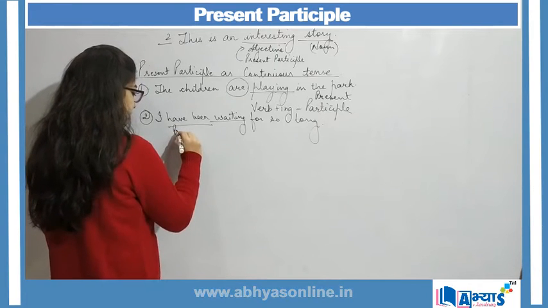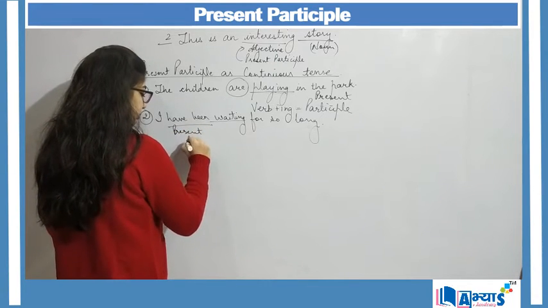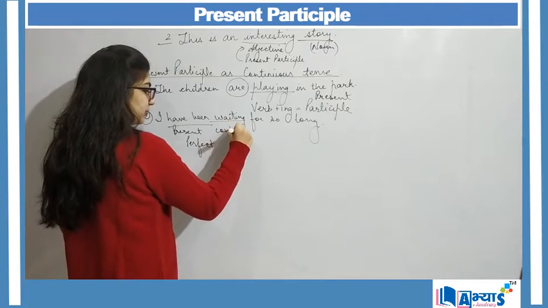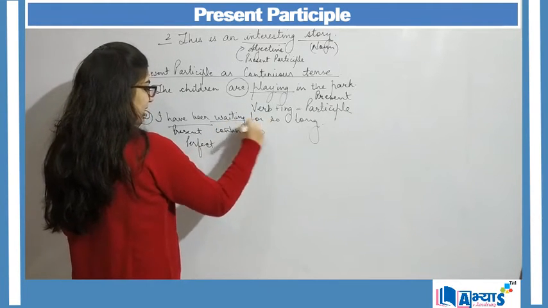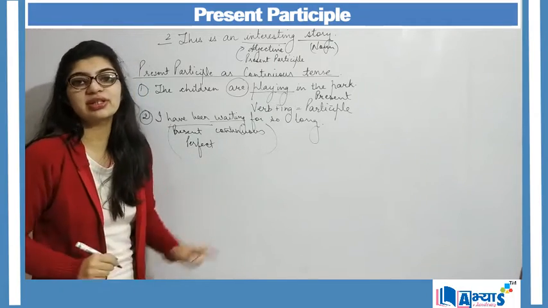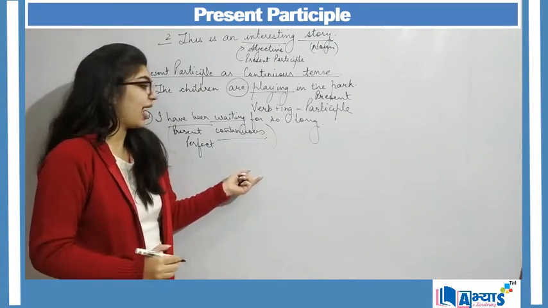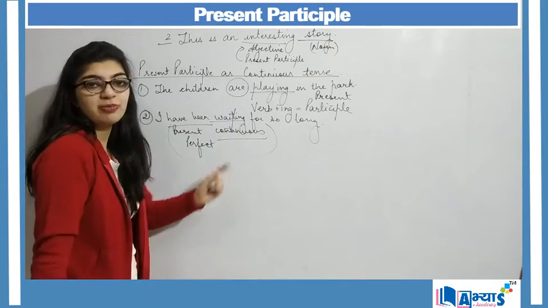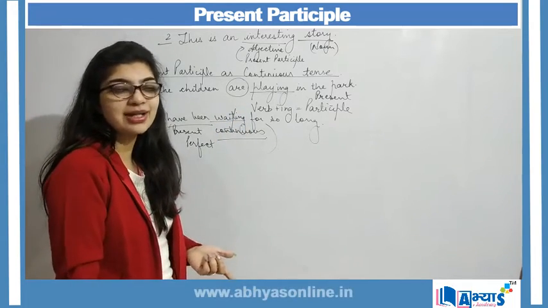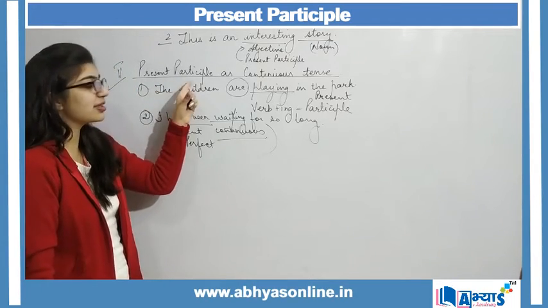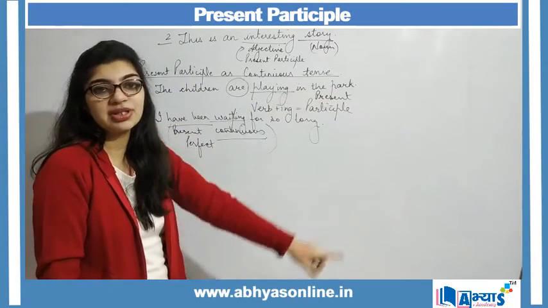This is present perfect and waiting is for continuous. So I say that this is my present perfect continuous tense, but still it is a continuous tense and wait is a verb plus ing describes my participle. Here again present participle is being used as a continuous tense.